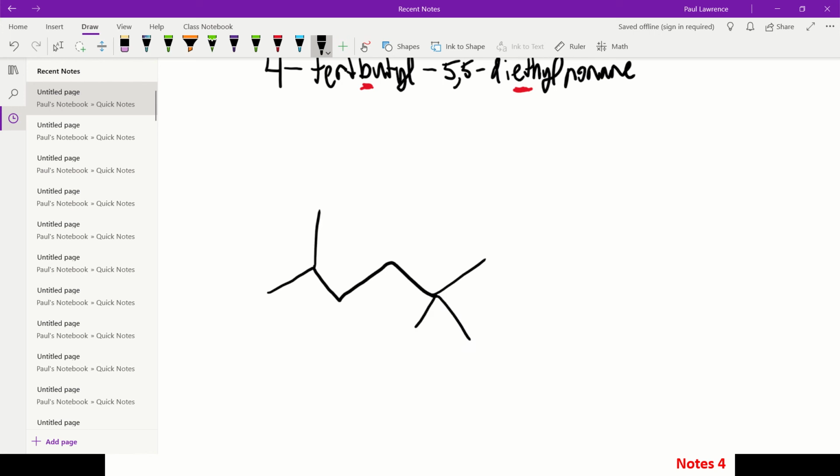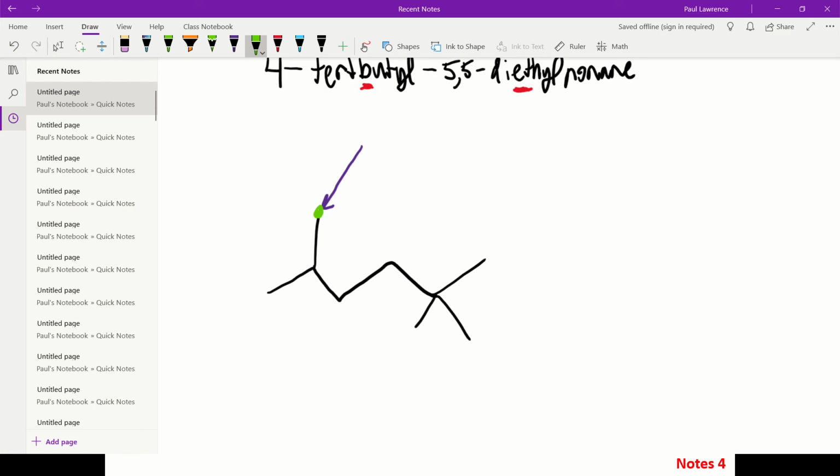Okay, so let's draw some arrows here. What is the classification for that carbon? How do you know? Well, I'm talking about that carbon, so all you have to do is ask how many other carbons are directly attached to that green one.